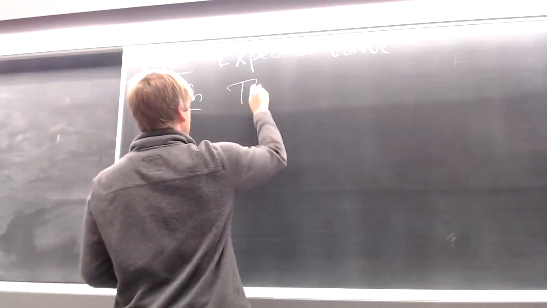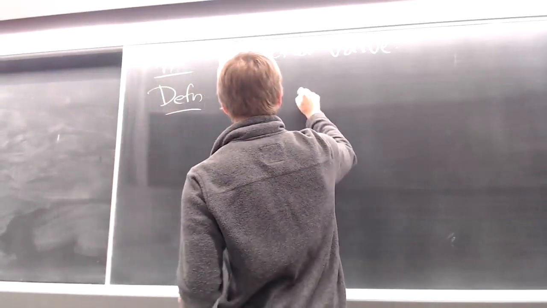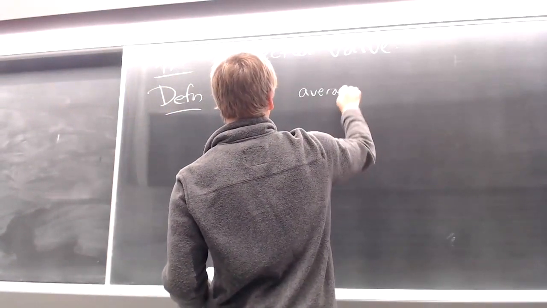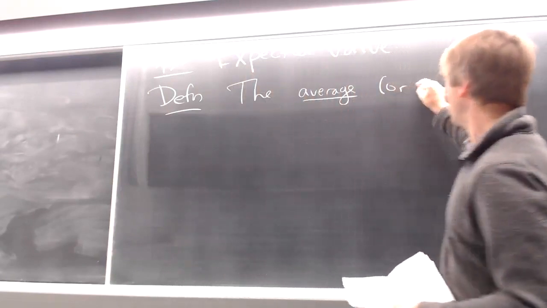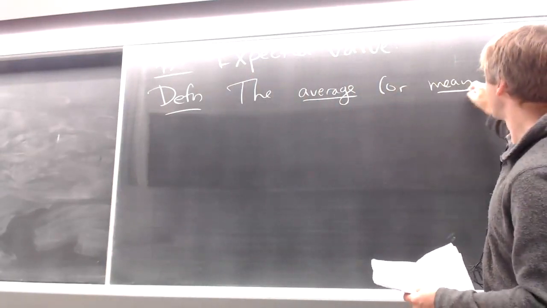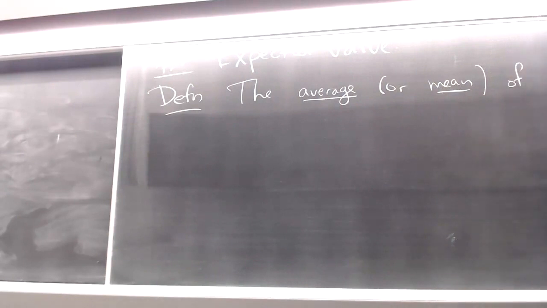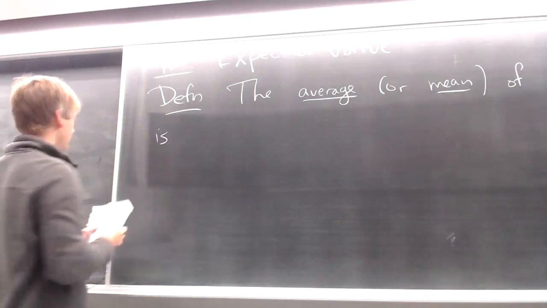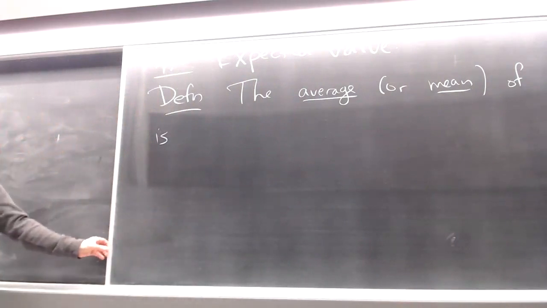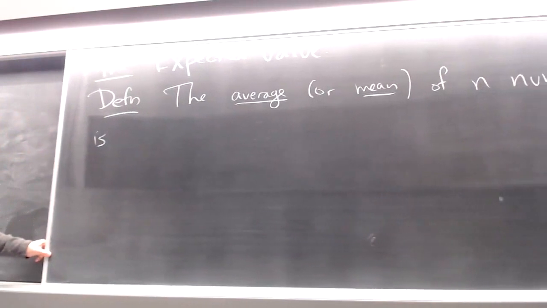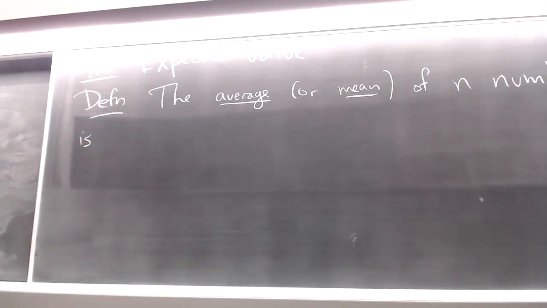So just as a bit of a review, the average or mean of n numbers, let's say x1, x2, up to xn, it's just what you get by adding up all the numbers and then dividing by n.